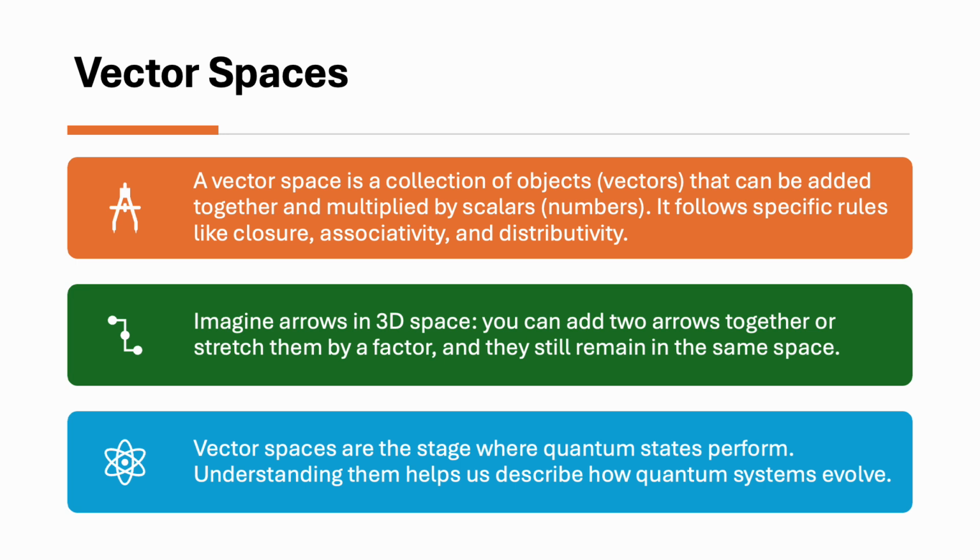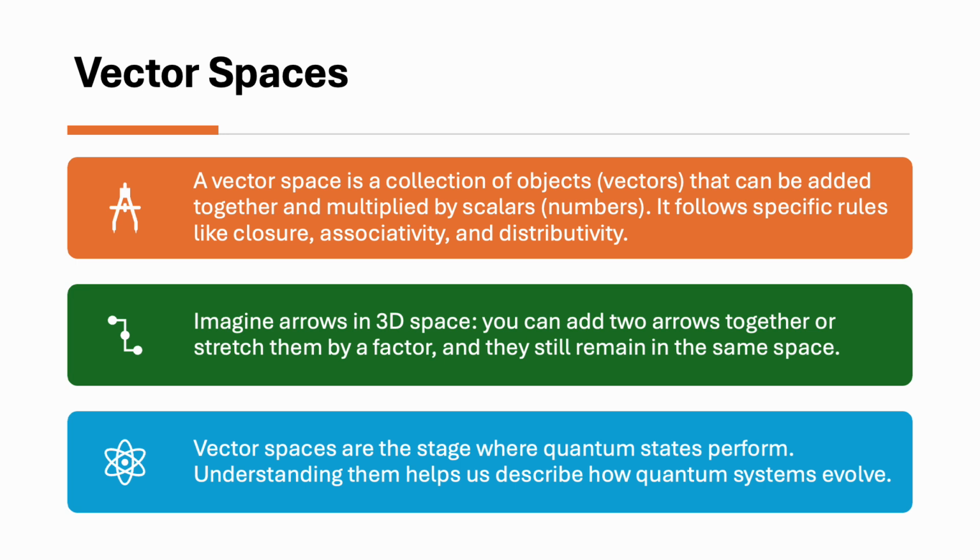Vector spaces. A vector space is a collection of objects, vectors, that can be added together and multiplied by scalars, which are numbers. It follows specific rules like closure, associativity, and distributivity. Imagine arrows in 3D space. You can add two arrows together or stretch them by a factor and they still remain in the same space.